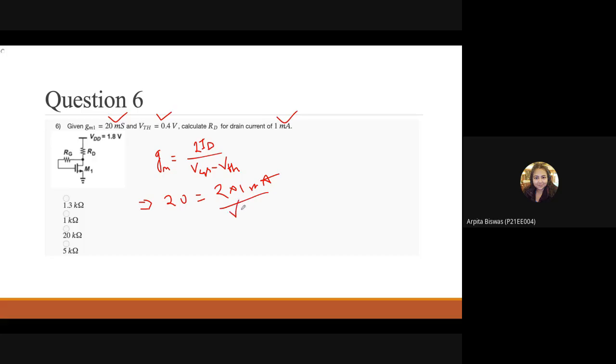So you have to find the value of VGS minus VTH. Tell me the value of VGS minus VTH. Ma'am, 0.1. Yes, 0.1. So what is the value of VGS? 0.5, ma'am. Then VGS is equal to 0.5.